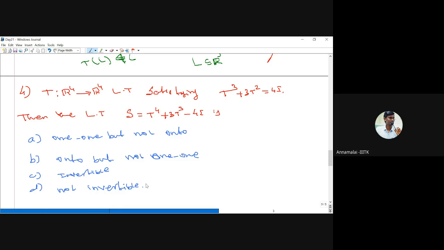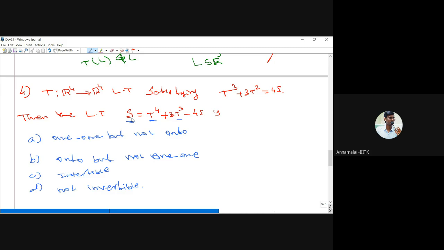Therefore T can be viewed as a matrix, and S also can be viewed as a matrix. T power 4 and T cube are matrices, so their sum S is also a matrix. Now if the determinant of S is non-zero, then it is invertible, and if it is 0, then it is not invertible.